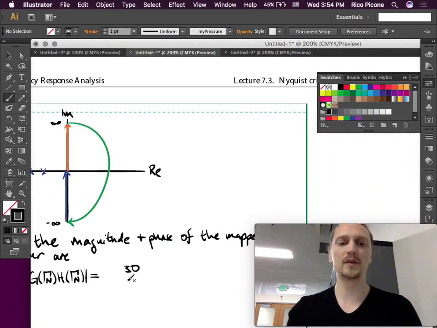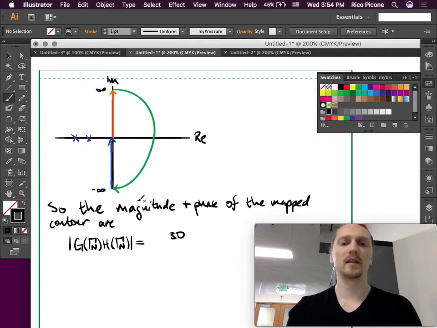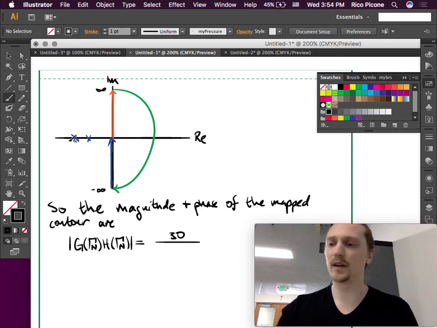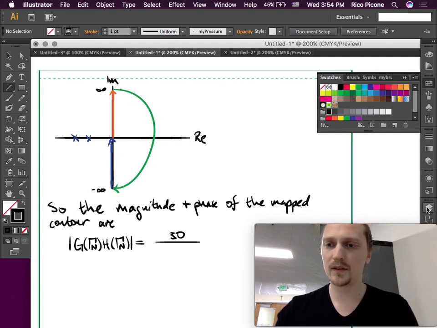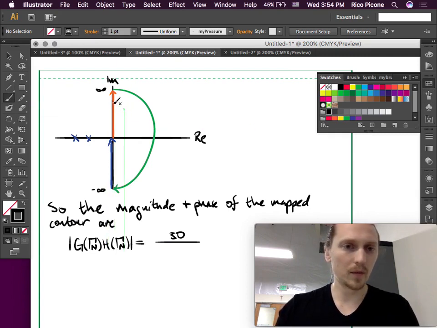And there's no zeros, right? But there are two poles. So we're going to write our sort of vector geometric one. Let's look at some point here. I'm going to label a point right here.